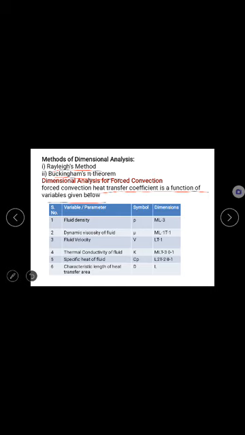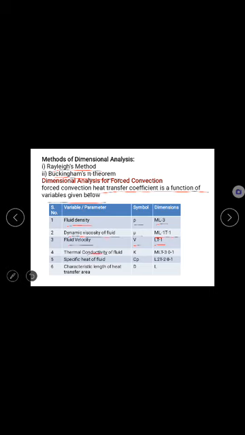Here there are 6 parameters, in which the first is fluid density. It is given by the symbol rho and its dimension is ML raised to minus 3. Then dynamic viscosity of the fluid, which is shown by mu, and the dimension is ML raised to minus 1 T raised to minus 1. Fluid velocity given by V, its dimension is LT raised to minus 1.